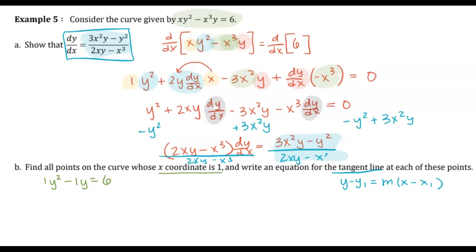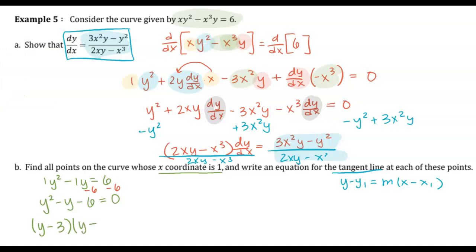Hopefully we recognize that whenever we end up with a squared variable, our way to solve this is typically setting it equal to 0 and hopefully factoring. So y squared minus y, I'm going to subtract that 6 from both sides. And then the magical, completely unrealistic thing in most first semester calculus classes: this factors.